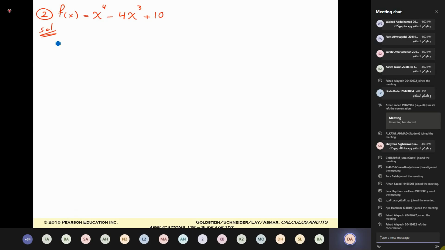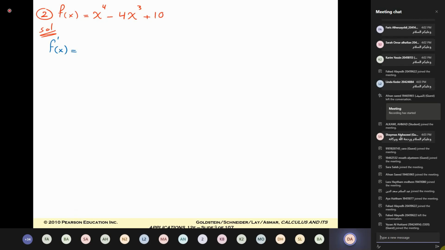So find the first derivative, f prime equals what? Equals 4x to the power 3 minus 12x square, and set it equal to 0 to find the critical value.